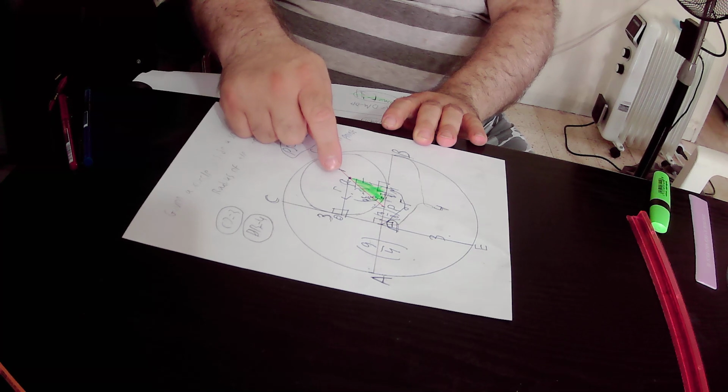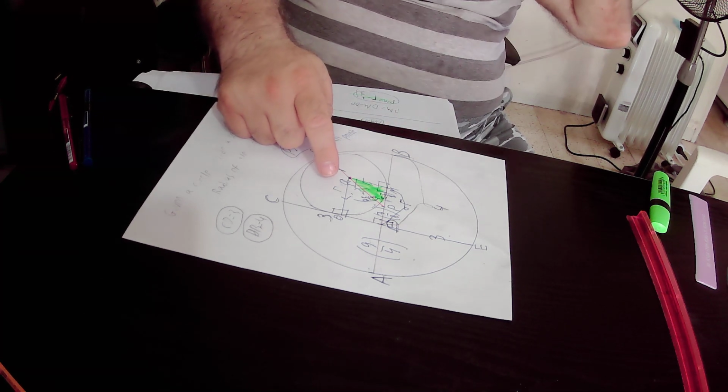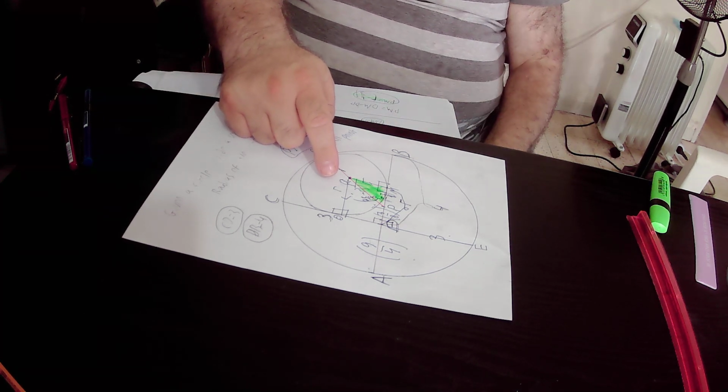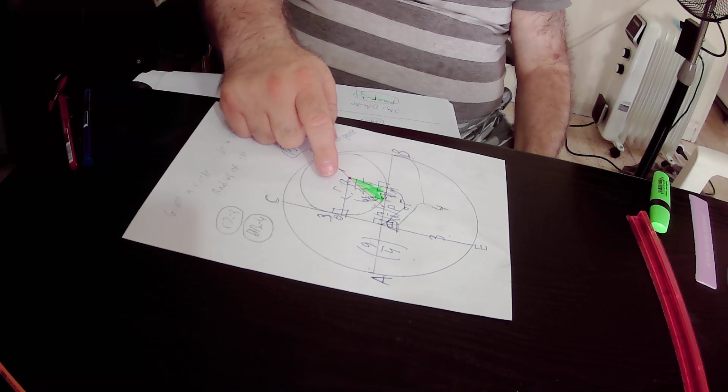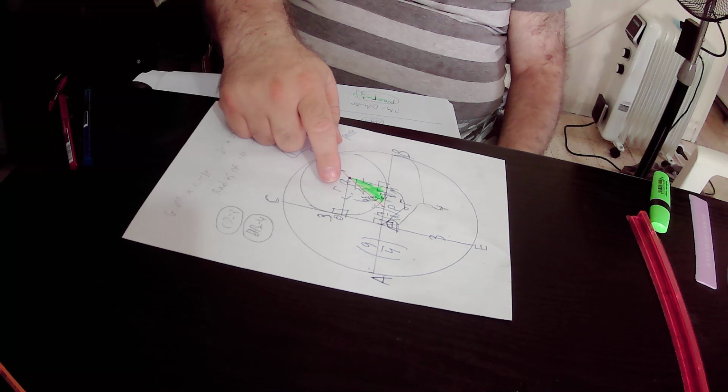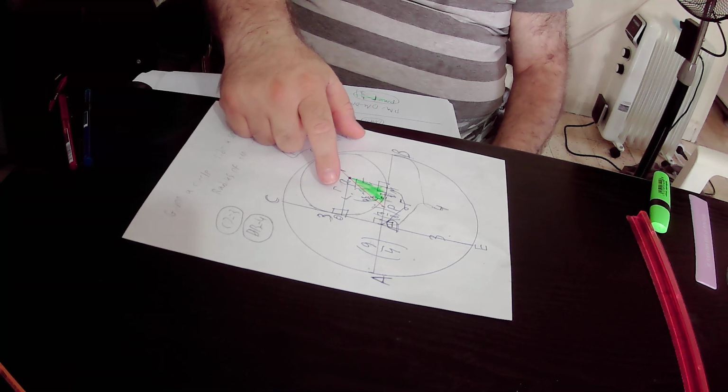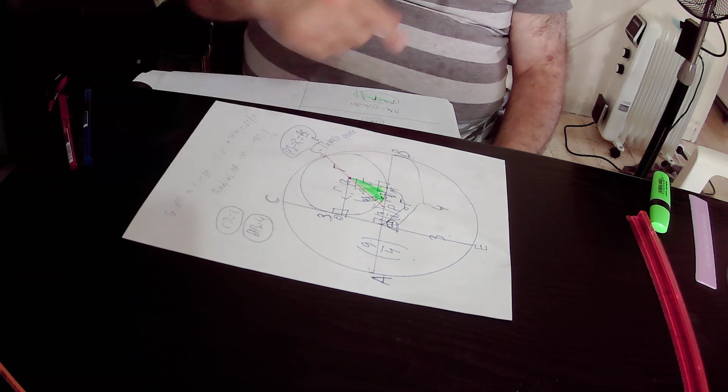What is the definition of line segment QO? Q is the center of the small circle. O is a point on the small circle itself. This is exactly the definition of a radius. So QO is the radius of the small circle that is equal to small r according to our definition.